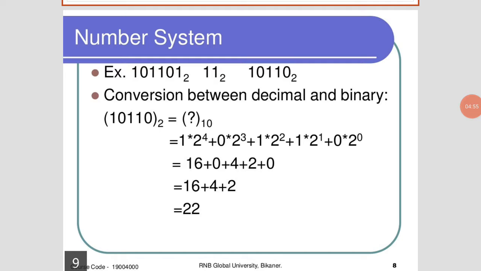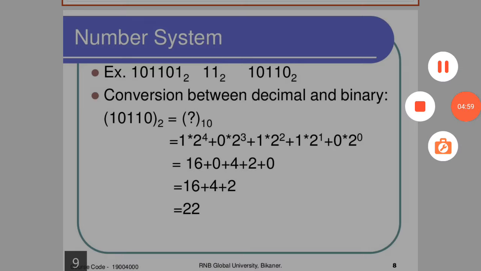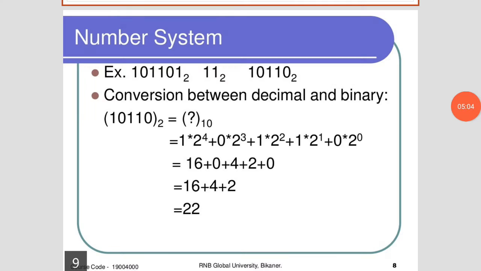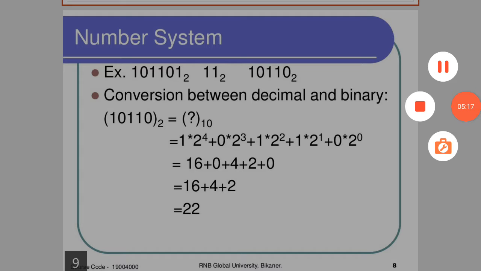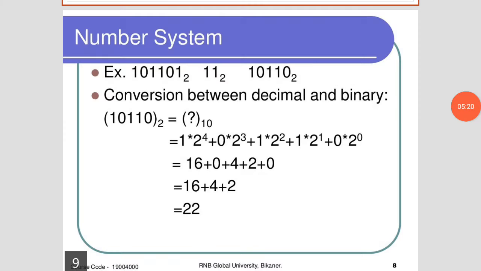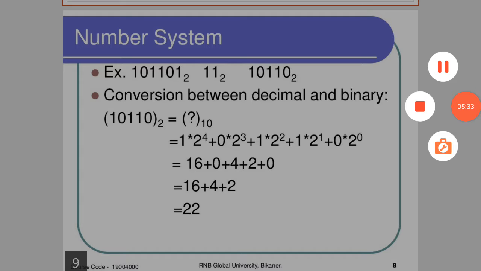10110 binary, to the base 2, is equal to what? How to convert this binary to decimal? 1 into 2 raised to 4 plus 0 into 2 raised to 3 plus 1 into 2 raised to 2 plus 1 into 2 raised to 1 plus 0 into 2 raised to 0. 1 into 2 raised to 4 is 16, plus 0 into 2 raised to 3 is 0, plus 1 into 2 raised to 2 is 4, plus 1 into 2 raised to 1 is 2, plus 0 into 2 raised to 0 is 0, since any number multiplied by 0 is 0.